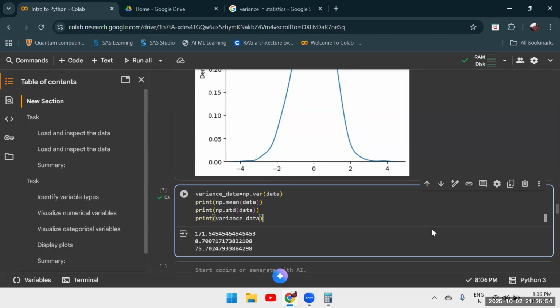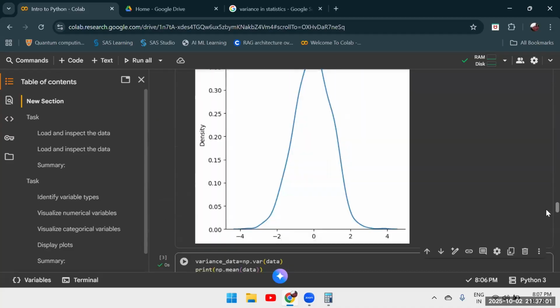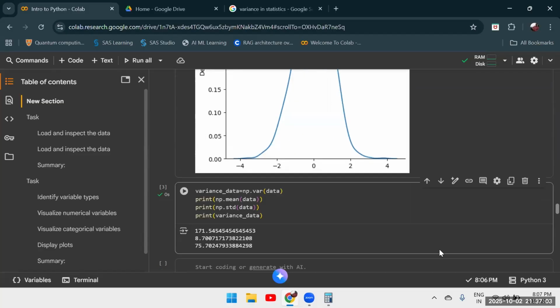The mean is 171. Why is the mean 171? Because I think there are no outliers here. So this standard deviation is saying all values are not that spread across. The deviation from the mean is only 8 or so.